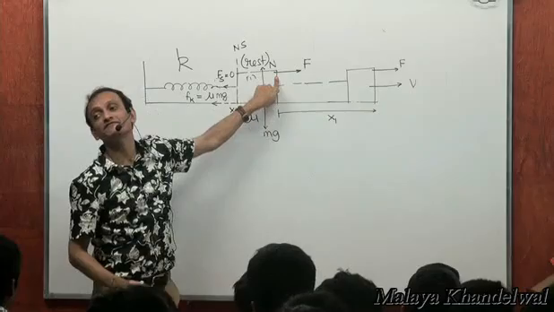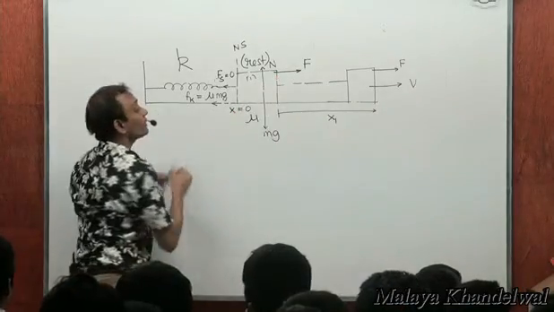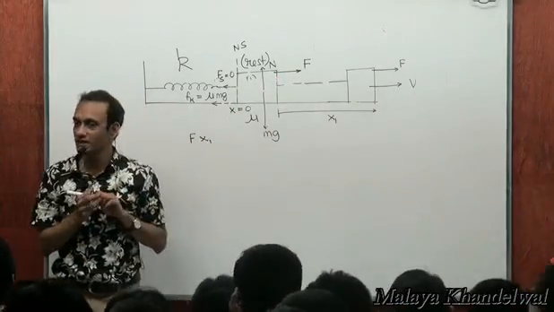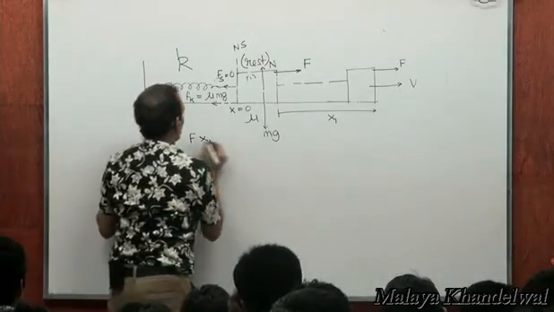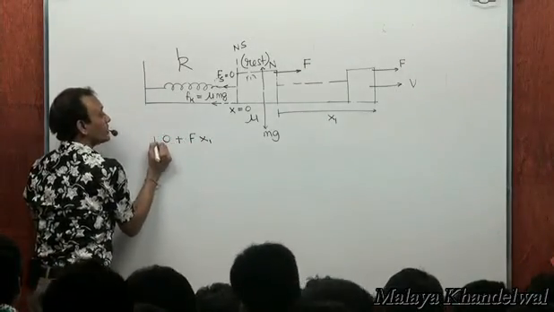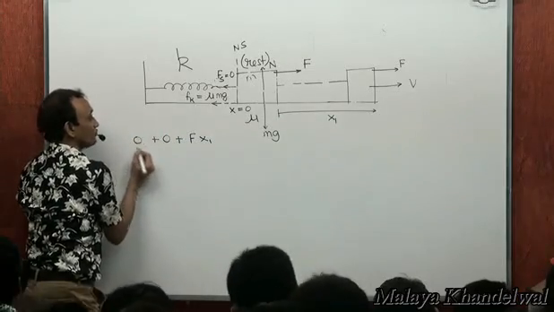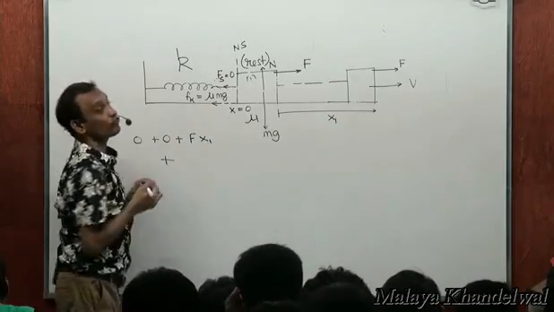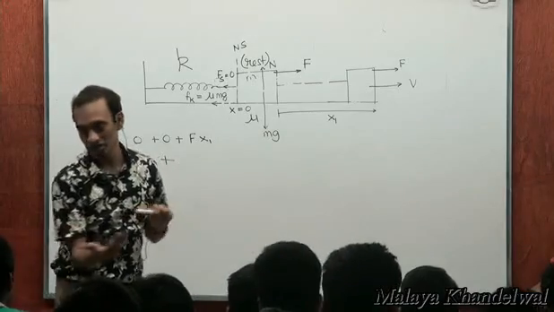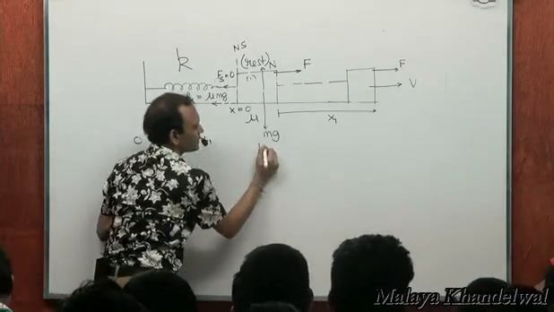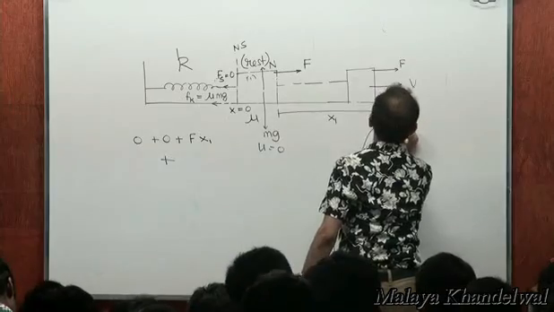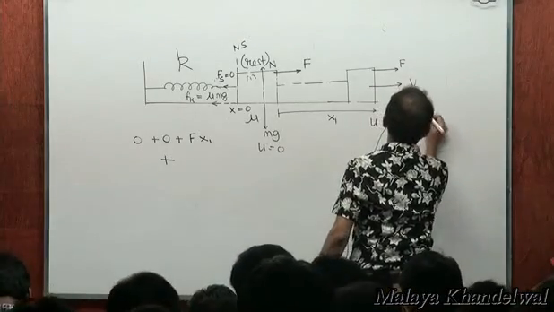What's the work done by F? F into x1 is the work done by F. What's the work done by the spring force? Negative of the change of elastic potential energy. The elastic potential energy is 0 here, and half k x1 squared here.